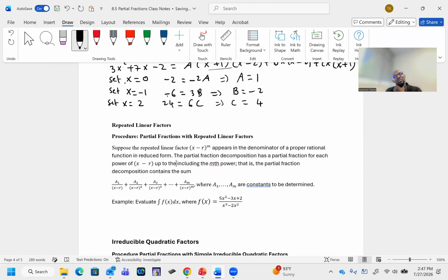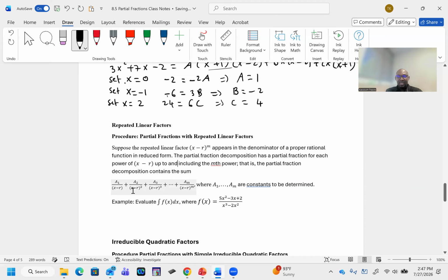So you have to know, if you have to write the partial fraction, you will write a sub 1 divided by x minus r to the power of what? 1.